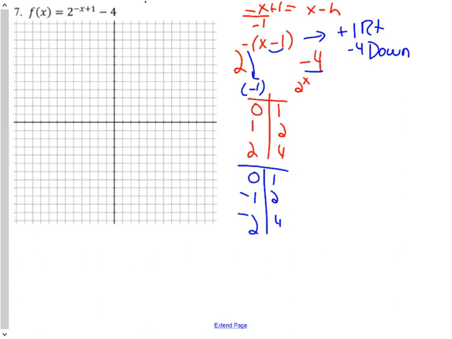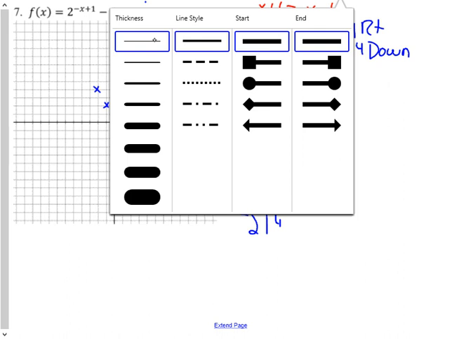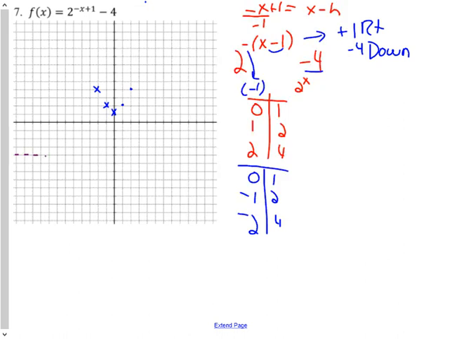So then, once we have these points, those points shifted this way, flipping over that y-axis, and then we're going 1 right and 4 down. So our asymptote went 4 down as well. And 1 right, 4 down, 1 right, 4 down, 1 right, 4 down.